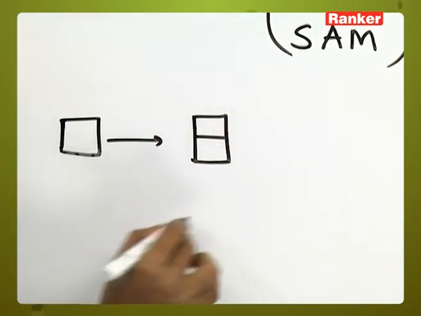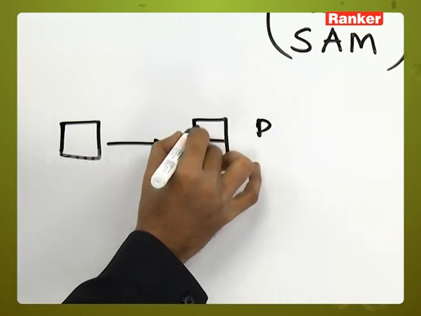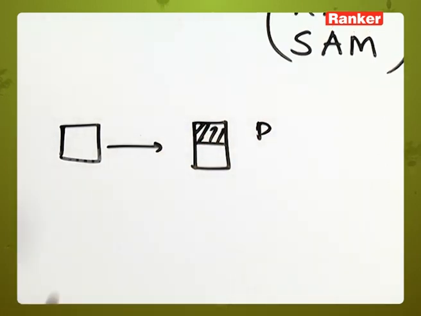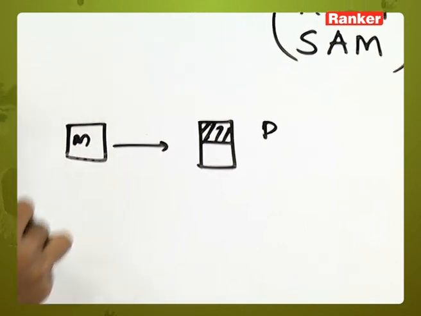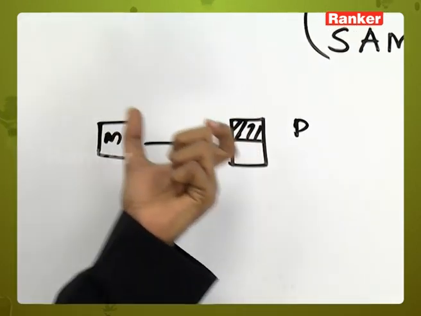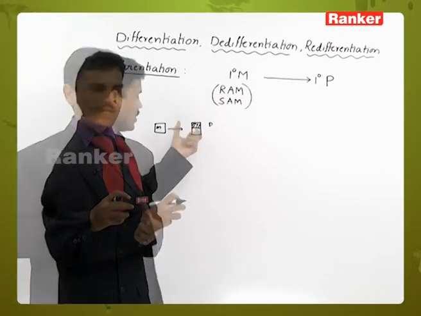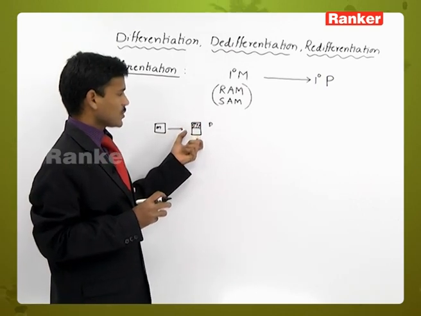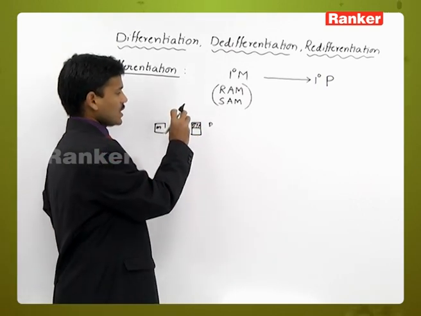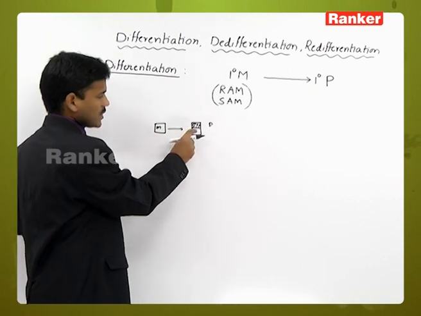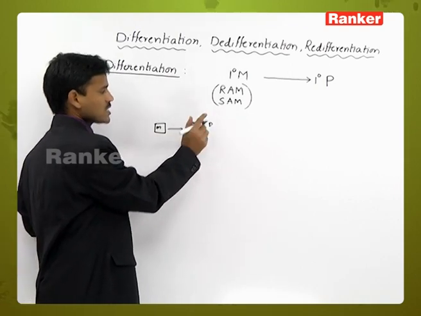Some cells become permanent cells. Here it is a meristematic cell or meristematic tissue. It divides, but not all of these cells have the ability to produce new cells. Only a few cells have the capability to divide, and some cells become permanent cells.